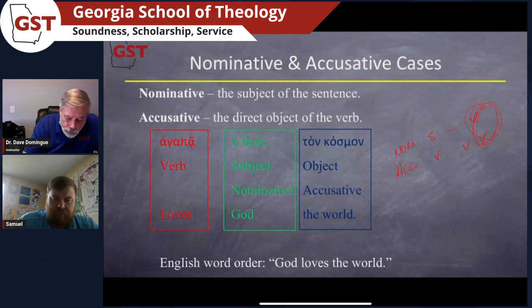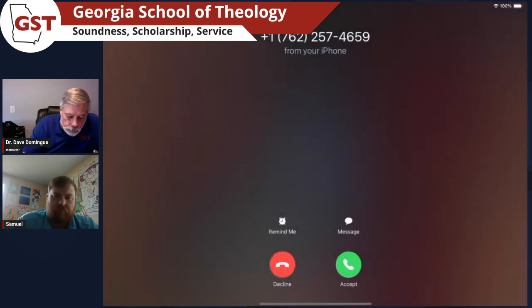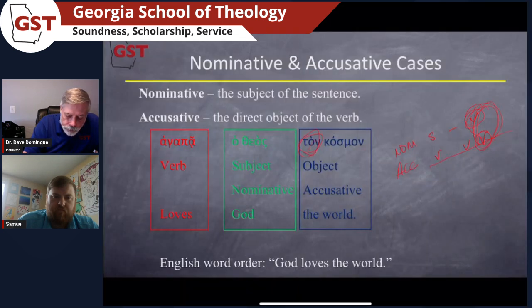The article helps us tremendously to recognize it cannot be the neuter nominative or accusative. It must be, because the article ton is only accusative singular masculine.